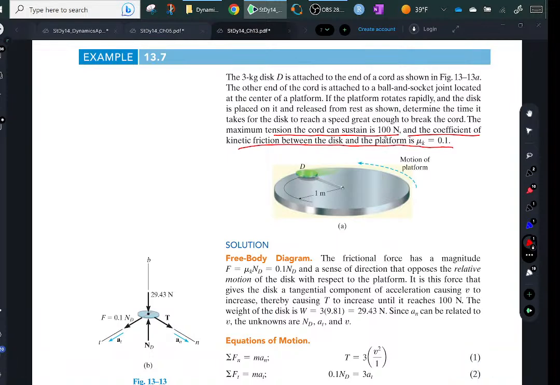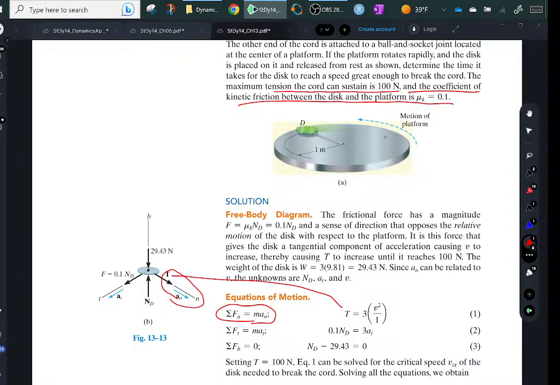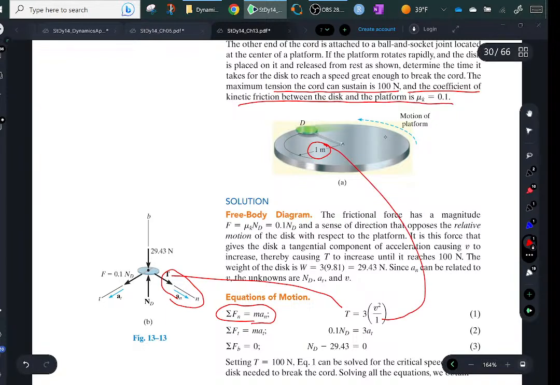So it starts spinning. And so all you're doing is sum of the forces in the normal. That would be this direction. And the only thing you got is that T. And then you've got V squared over rho. And then you got the tangential motion. And so what he's got is this.